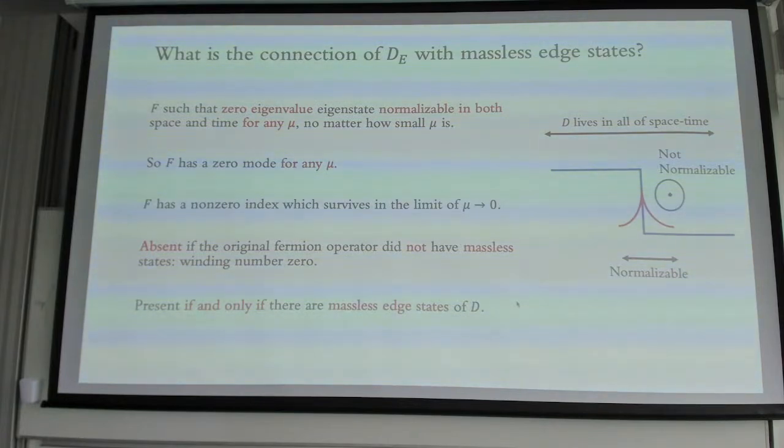Now the important point is that the zero mode is going to be absent if the original fermion operator did not have massless states to begin with. Okay? And it's going to be present if and only if the massless edge states existed for the original fermion operator.